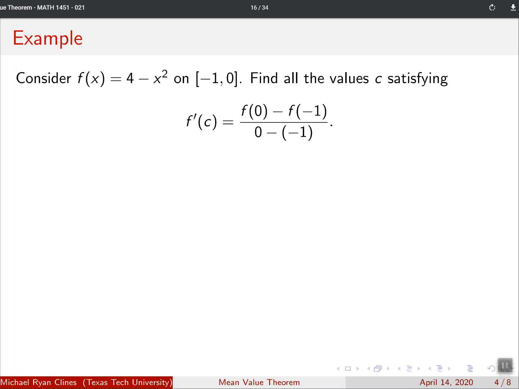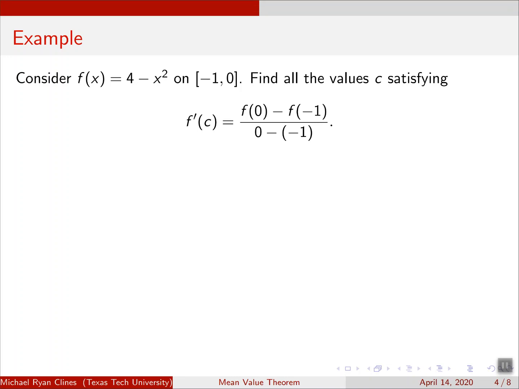Now, when something says find all the values satisfying a condition, the first question that should come to your mind is, well, does it even exist? Like, does this number I want to look for exist? Well, 4 minus x squared is continuous on -1 to 0.